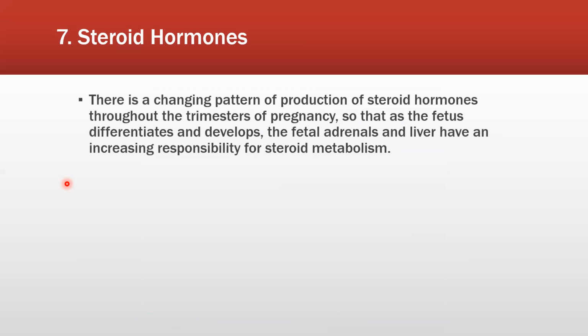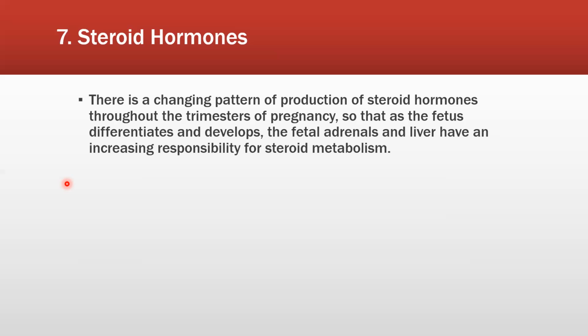All right, so let's look at a little bit regarding steroid hormones. So there's a changing pattern of production of steroid hormones throughout all of the trimesters of pregnancy, so that the fetus is able to differentiate its cells and develop. The fetal adrenals and the liver have an increasing responsibility for those steroid metabolism and production.